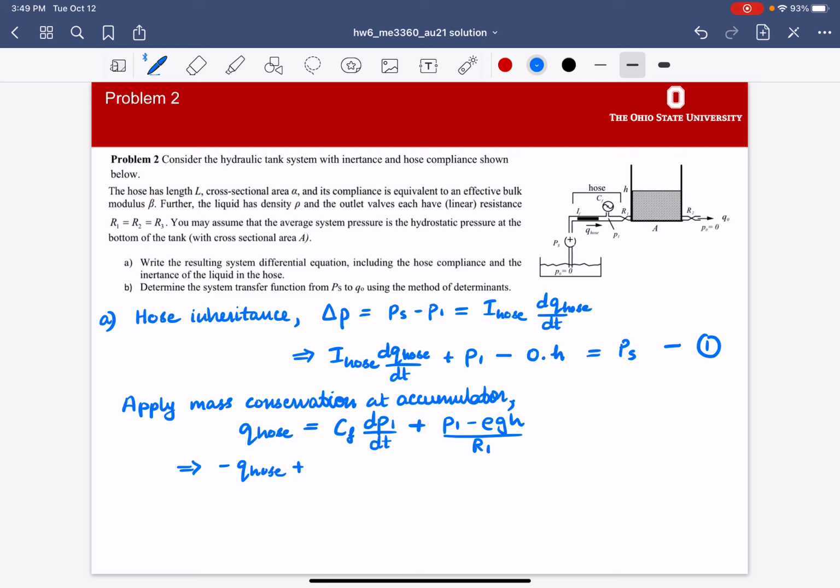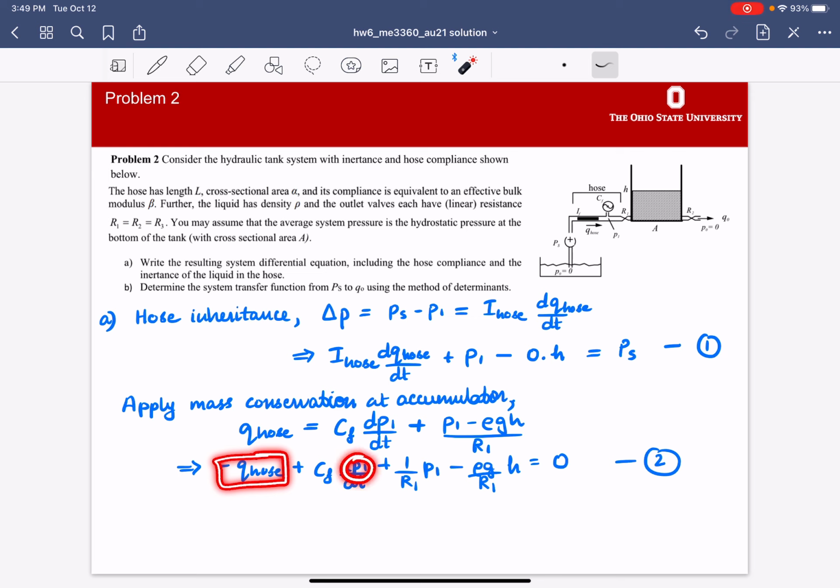So we have minus Q hose, plus, minus, this is all equal to 0, and this is equation 2. So again you can see that we have our three variables, so Q hose, P1, and then finally H. So those are our three variables.